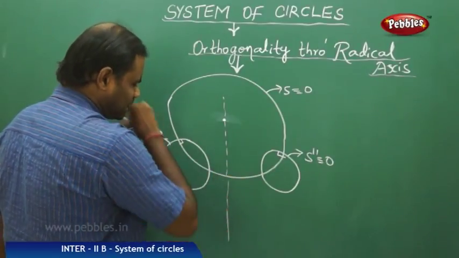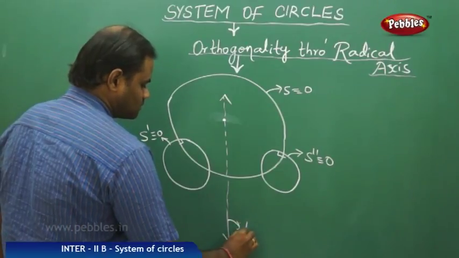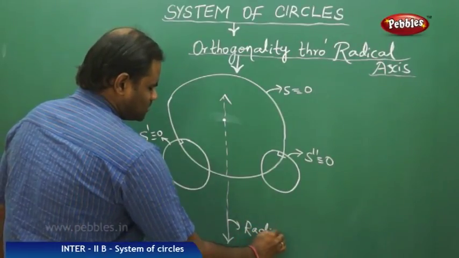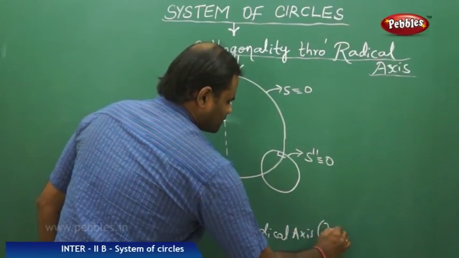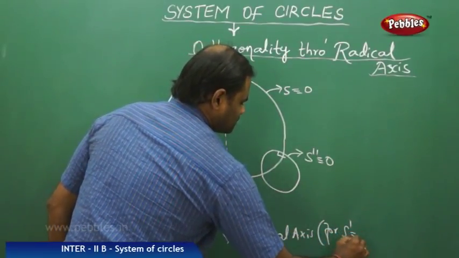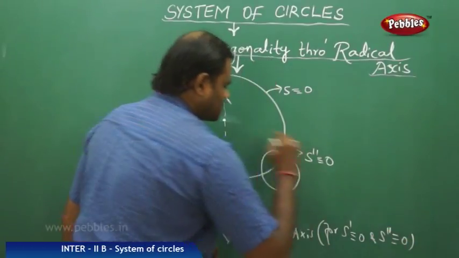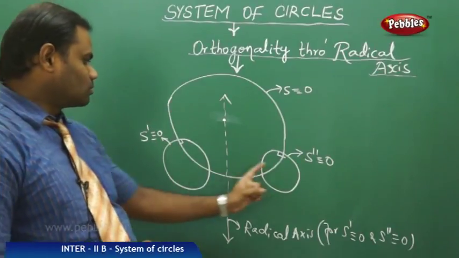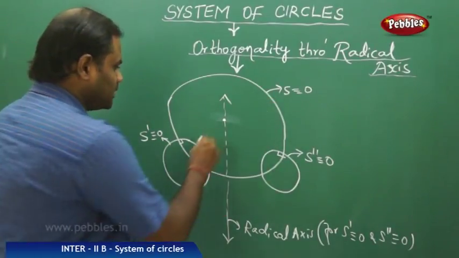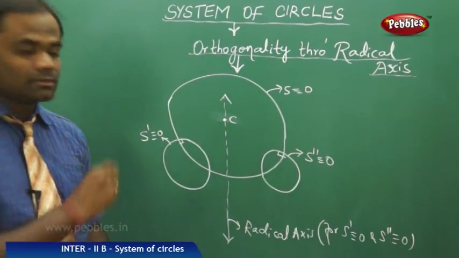If there's a radical axis for the two circles, which is this, is the radical axis for S' and S'', then using this radical axis we identify that the circle which is orthogonal to these two circles has its center on the radical axis.